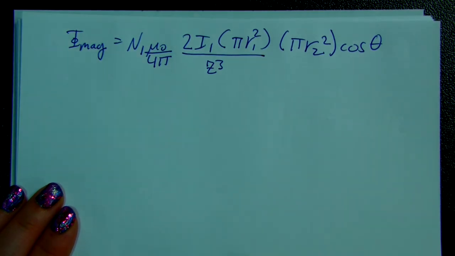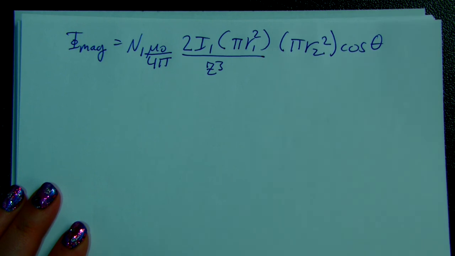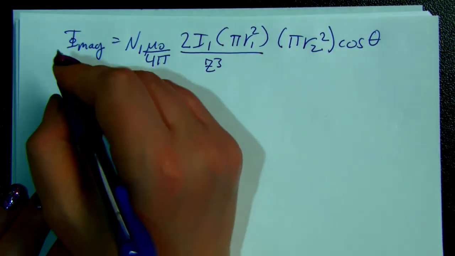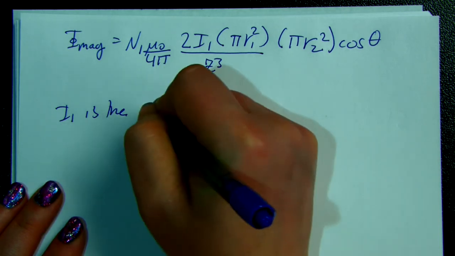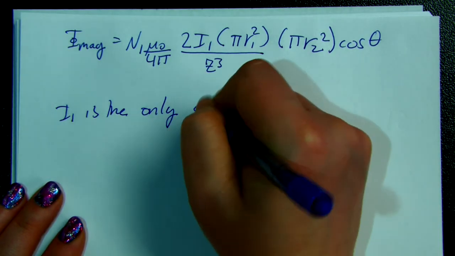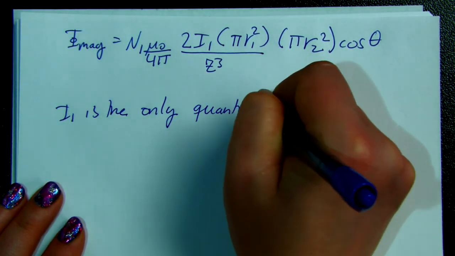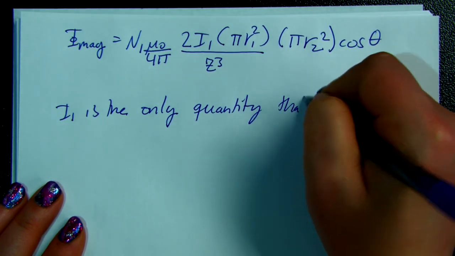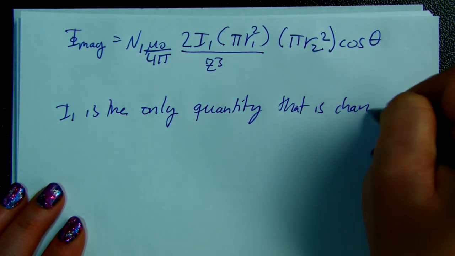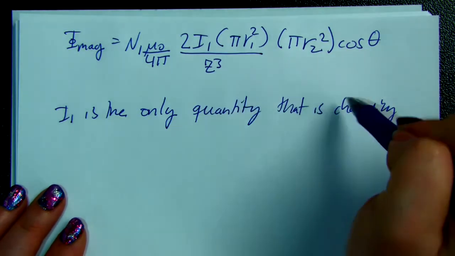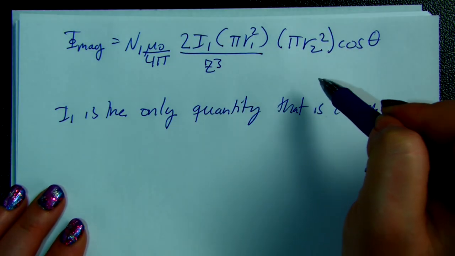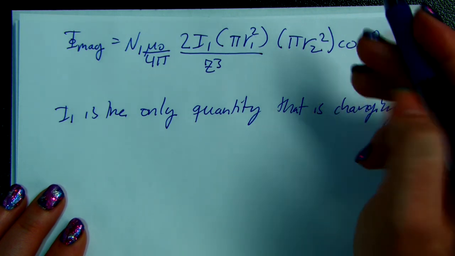Okay, so I1 is the only quantity that is changing. So everything else in this particular equation is going to be constant over the time that we're looking at.